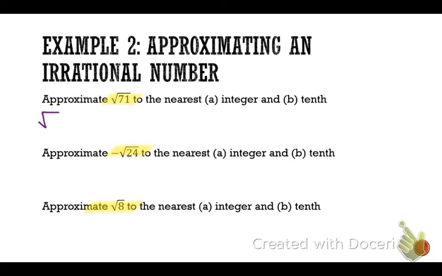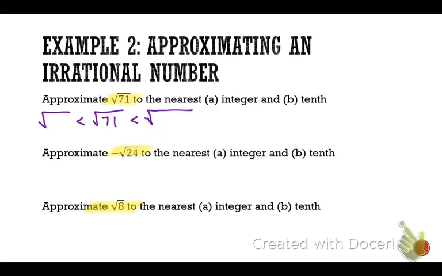I want you to figure out the perfect square closest to 71 that is lower than 71, and the closest one that is higher than 71. We're trying to figure out the closest perfect square to 71.